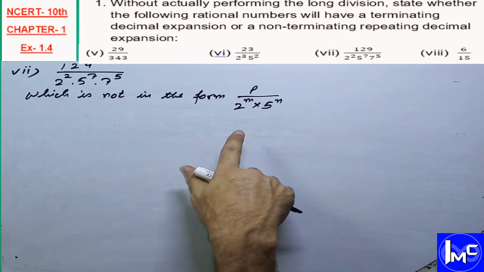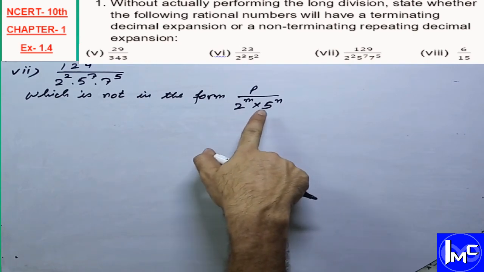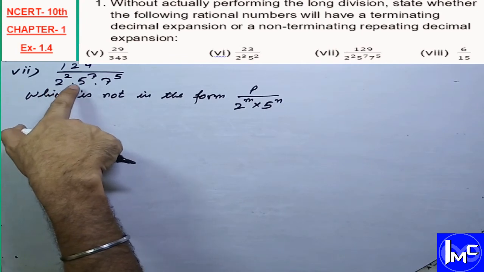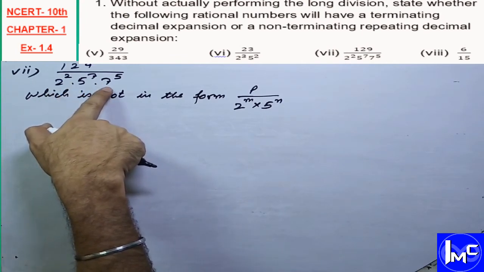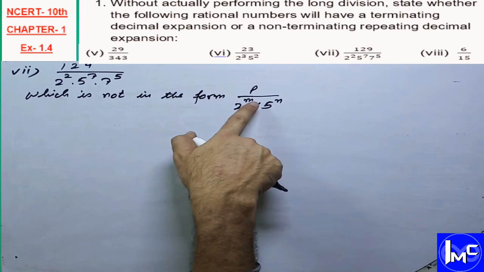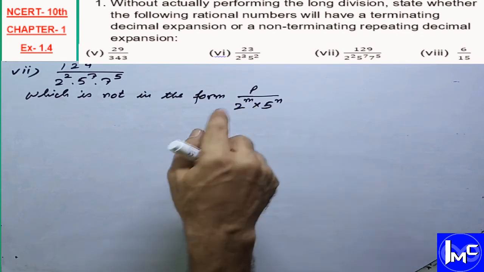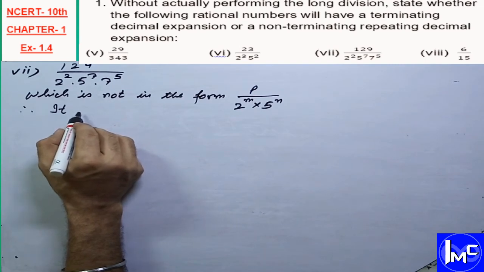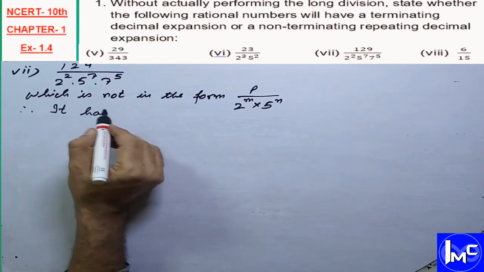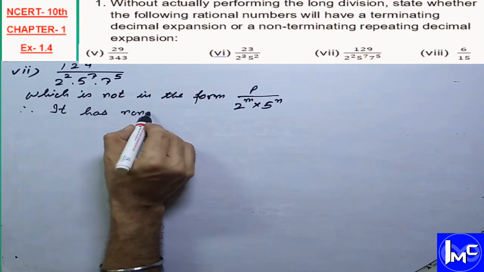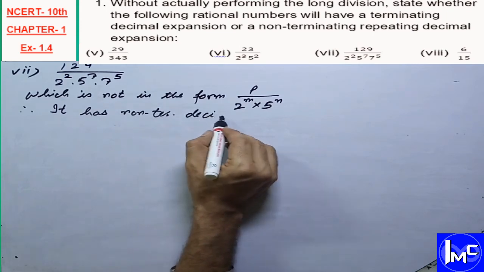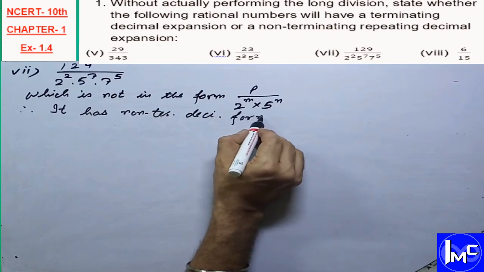Why? We need only factors 2 and 5, but here we have 3 factors 2, 5 and 7. So it is not of the form 2 raised to power m into 5 raised to power n. Therefore, it has non-terminating decimal form.